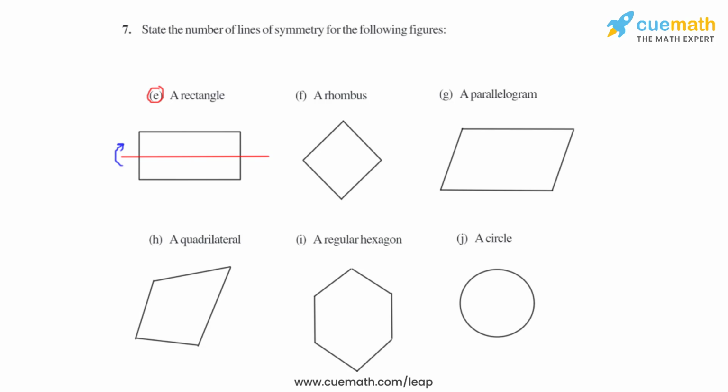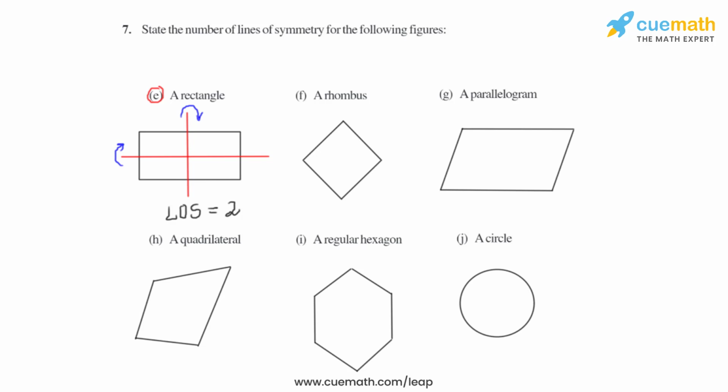Similarly, if we consider this vertical line and fold the rectangle along it, both parts will coincide, making these two the lines of symmetry for this rectangle.